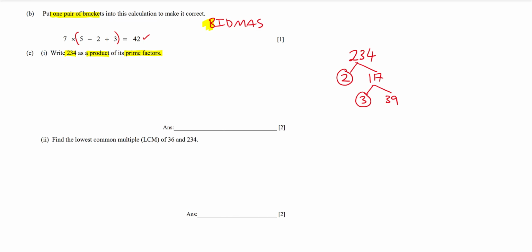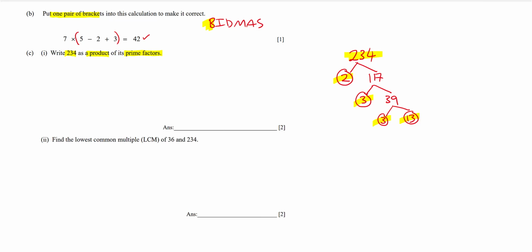And again, 39 is an odd number, so we can't divide it by 2, but we can divide it by 3, which is the next prime number. And 3 times 13 is equal to 39. And now both of these are prime. So if we just go through, I will write them down in order. So we know that 2 times 3 times 3 times 13 is going to equal 234.